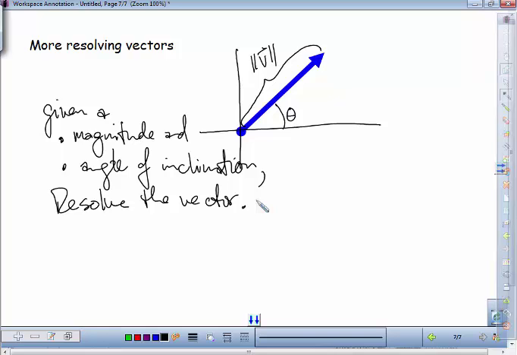Now, if we look at this vector with the magnitude and the angle of inclination already at the origin 0, 0, then all we need to do is find out this value over here, the point of the head of the vector. All we really need is trig, right?